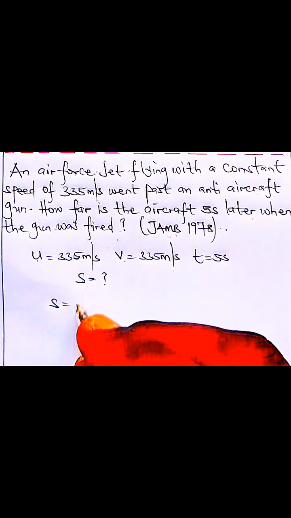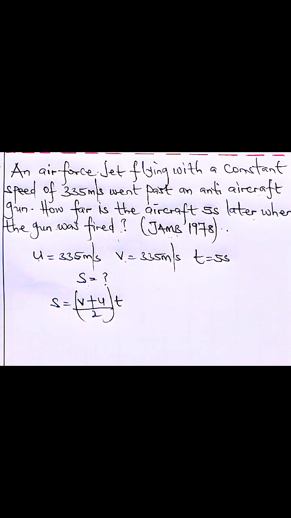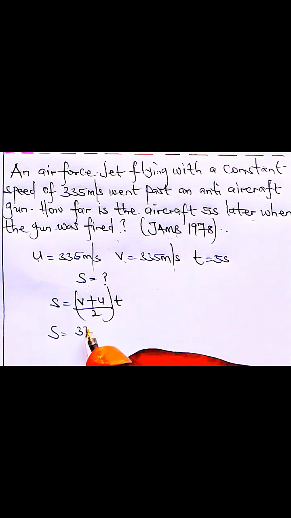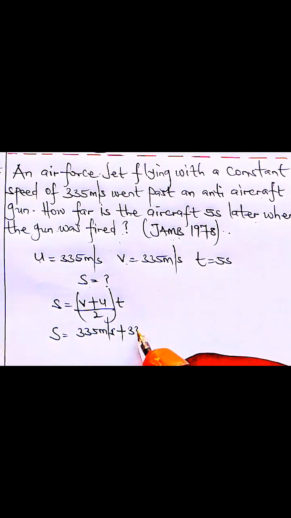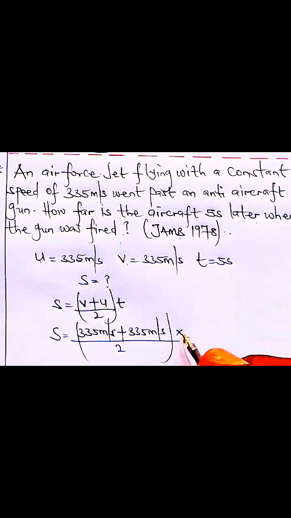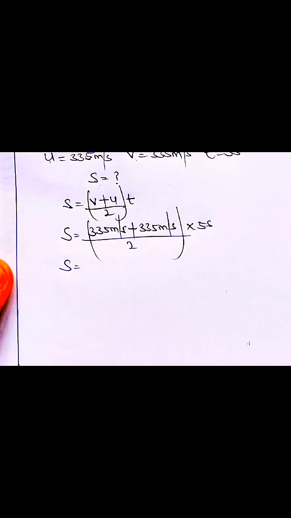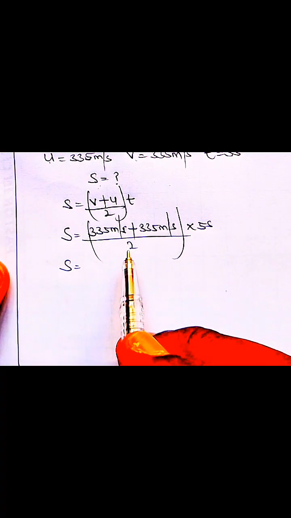So s equals v plus u over 2 times time taken. You're looking for how far, that is the distance the aircraft would have gone 5 seconds after it was shot at. So s is the distance. Final velocity is 335 meters per second plus initial velocity 335 meters per second, divided by 2, then times time, which is 5 seconds. 335 plus 335 will give us 670.